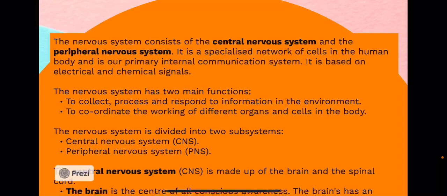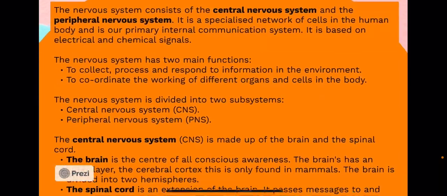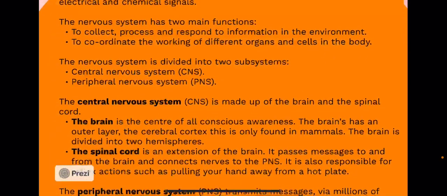The nervous system has two main functions: to collect, process and respond to information in the environment, and to coordinate the work of different organs and cells in the body. As I've mentioned, when we look at that diagram, the nervous system is divided into two subsystems: the central nervous system and the peripheral nervous system.